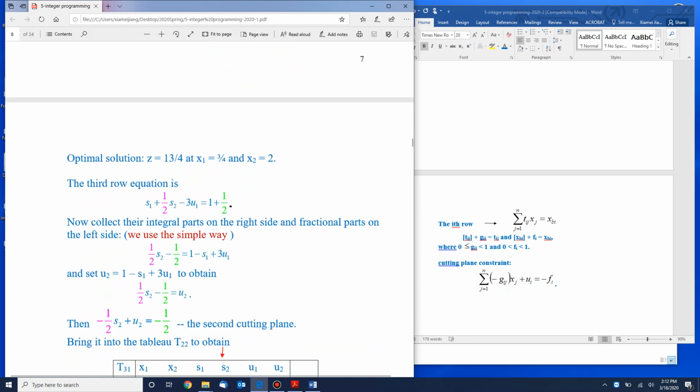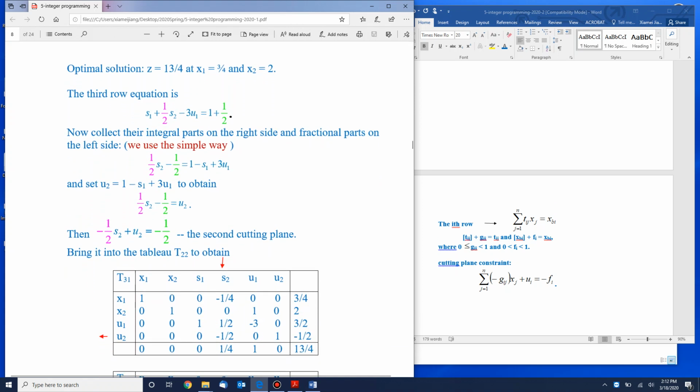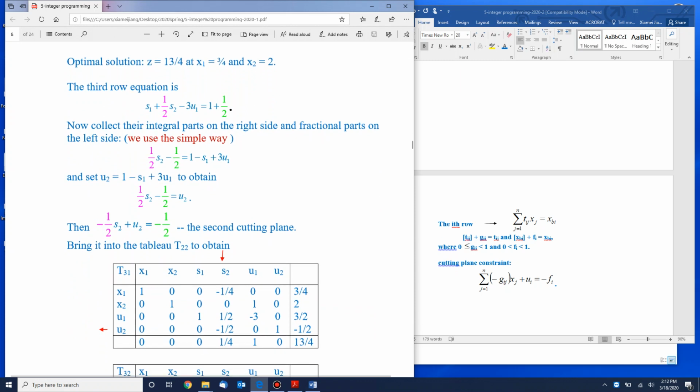Now we bring this second cutting plane into T22, because we got the third row equation from T22. Then we get this tableau. And the same as before, you can see it's in the optimal case, but we have u2 equals minus 1/2, so the solution is infeasible.